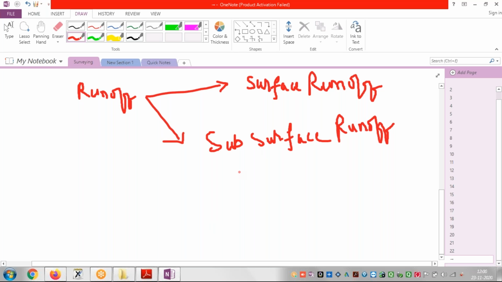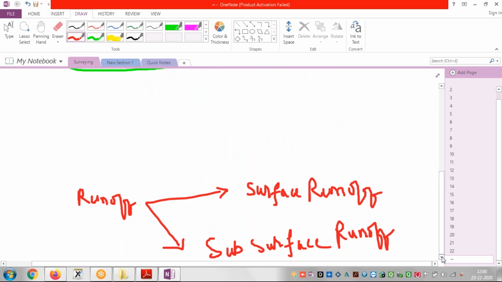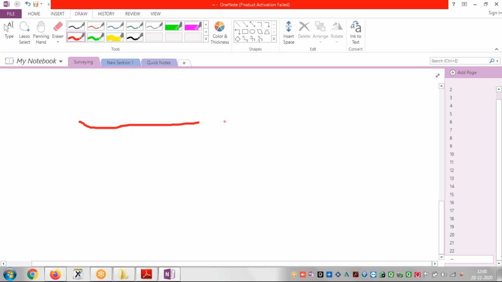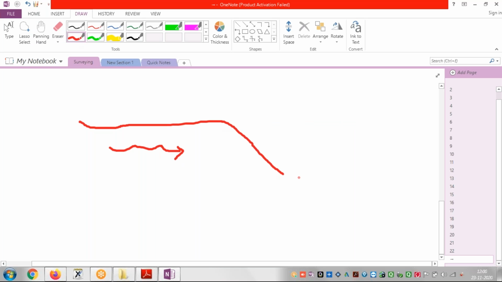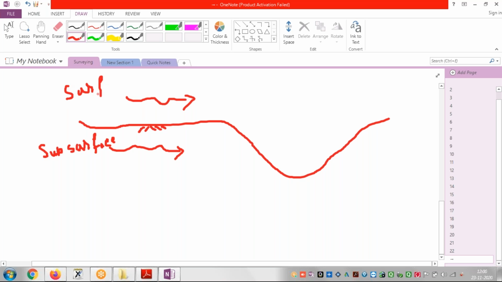This subsurface runoff, as I told you, subsurface means which is below the surface. If this is the surface of the earth, whatever water is flowing below the surface is called subsurface runoff, and whatever flow is occurring above the surface will be called surface runoff.